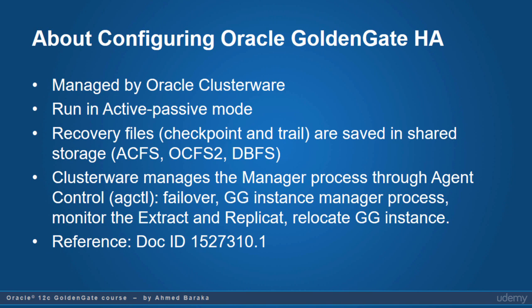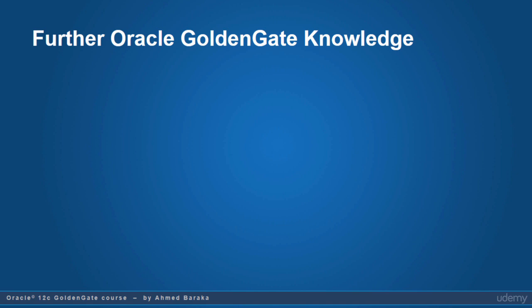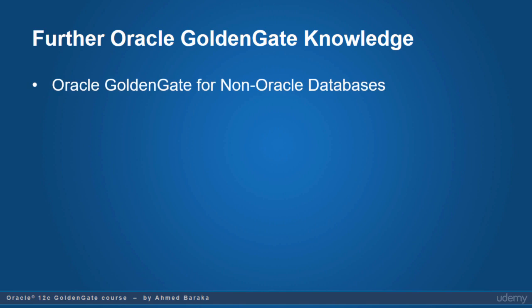1527310.1. You have learned in the course enough knowledge to establish a production replication configuration between two Oracle databases by using Oracle GoldenGate. However, not everything about Oracle GoldenGate has been covered in this course. You have worked on Oracle databases, but as you know, Oracle GoldenGate can be configured on many more database vendors.